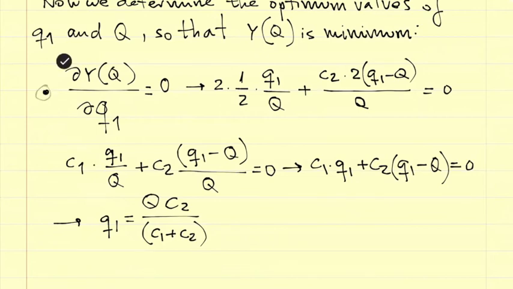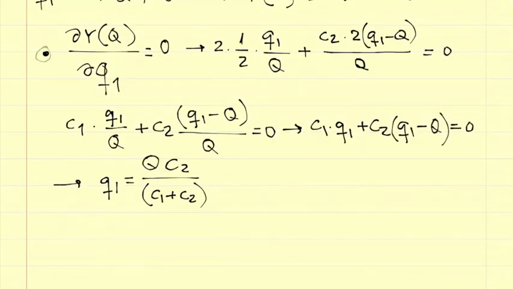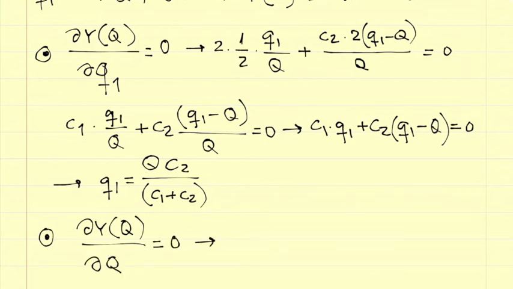This is the optimum value of Q1, and in order to get the optimum value of Q, we make the partial derivative of the cost with respect to Q big equal 0, and this takes us to the following.